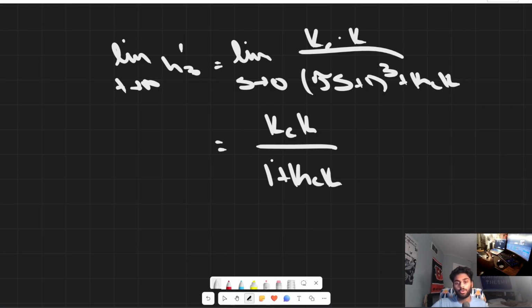If we were to do just a quick analysis, as we increase the proportional controller gain, this 1 becomes negligible and this value becomes 1, which is what we expect. If we do a unit step change of 1, then we expect our deviation to also be 1 at the final value state.